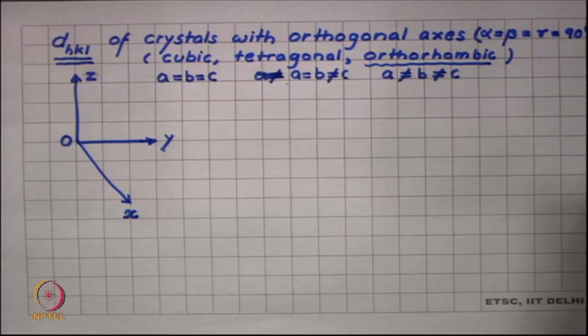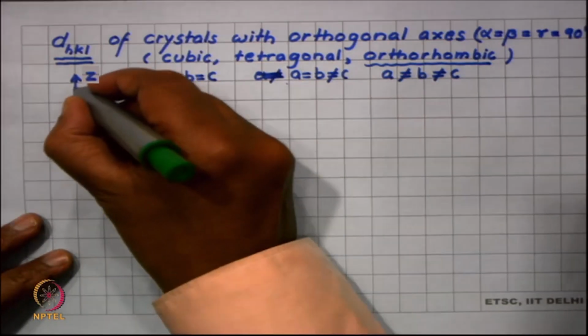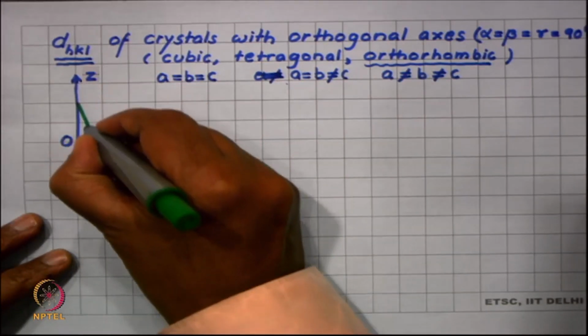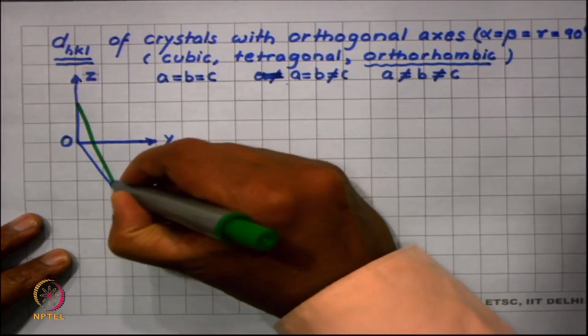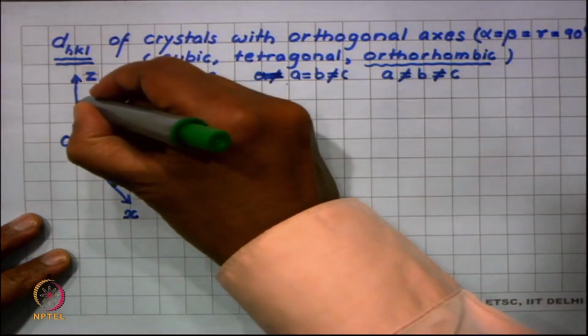So, let us start with the general case of the orthorhombic system. We have 3 orthogonal axes, and let us say that the first hkl plane away from the origin is this.